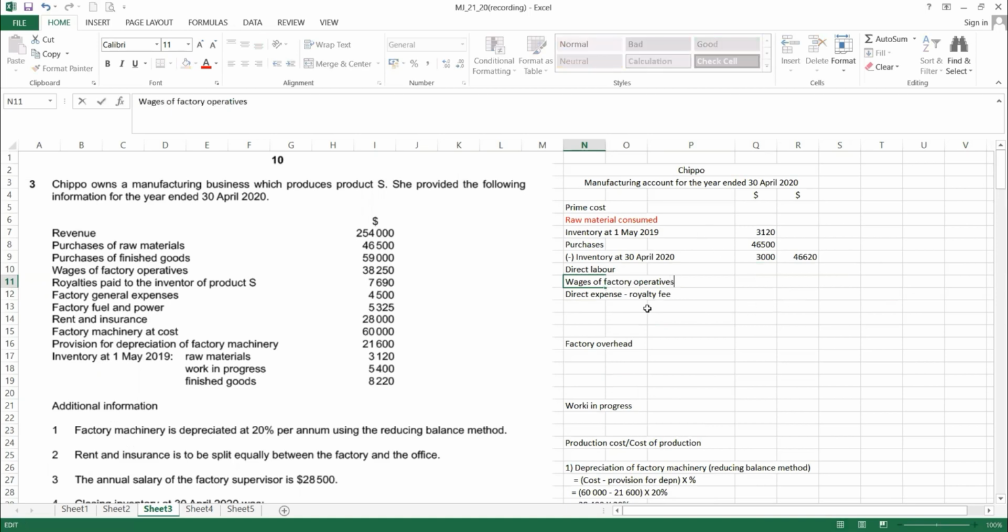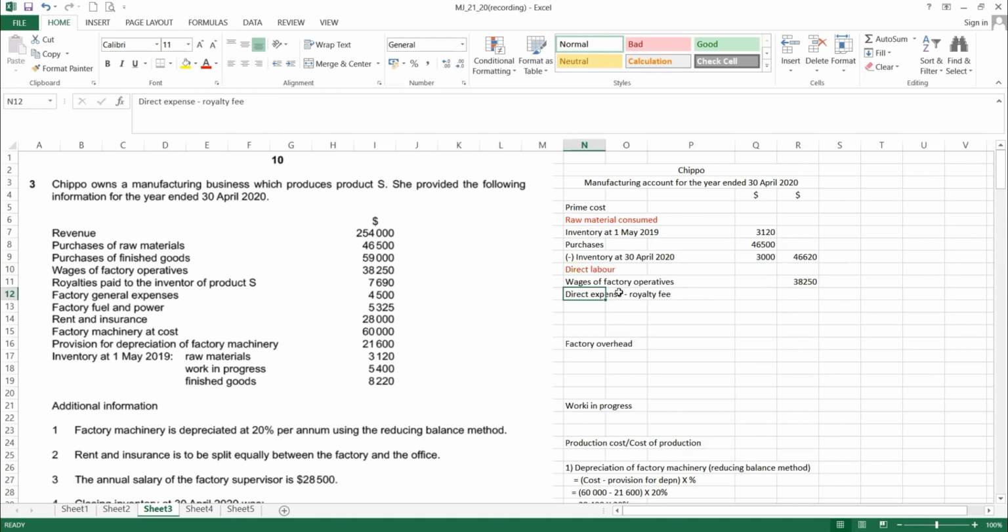So this is the direct cost, under the direct labor section. Because it's only one item, no adjustment, anything, we just straight away take the amount, 38,250. Double check whether correct. Okay, the line is correct. So this is the direct labor section.